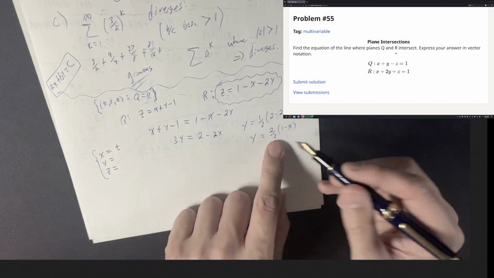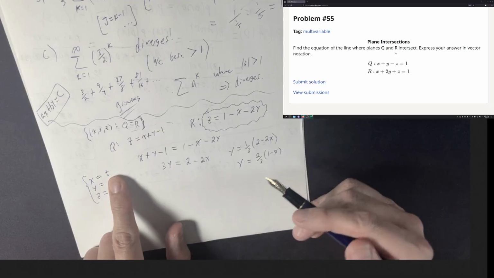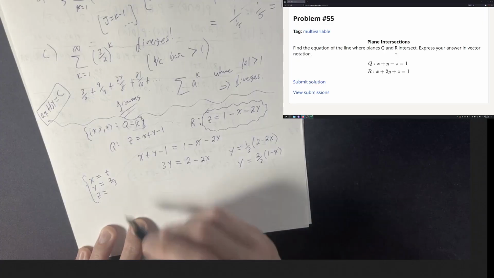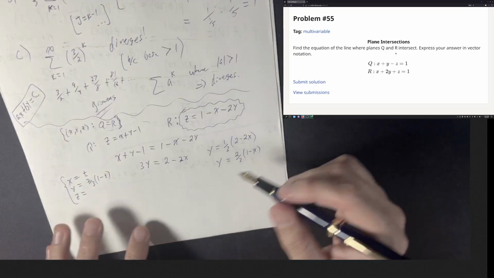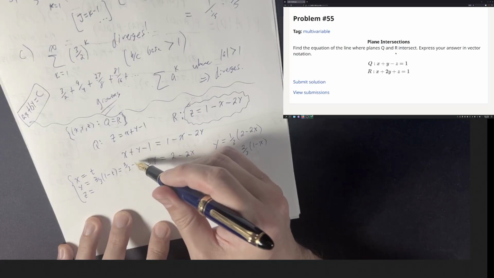But y is given by this formula, right? If you have a fixed value for x, this is what the y value would be. So it's 2/3 of 1 minus t. In fact, we should probably expand that. It's 2/3 minus 2/3 t.